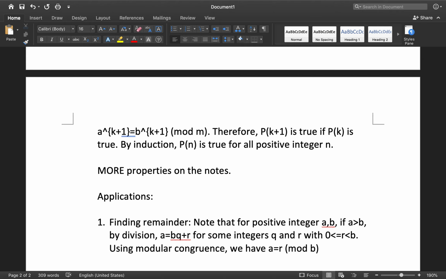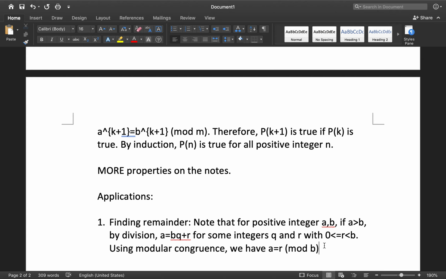So that means if you divide some number by a positive integer b, the remainder is nothing but what you get after you take the congruence modulo b. But you have to remember the remainder must be between 0 and b. It can be 0, but it must be strictly less than b. So this is the definition.